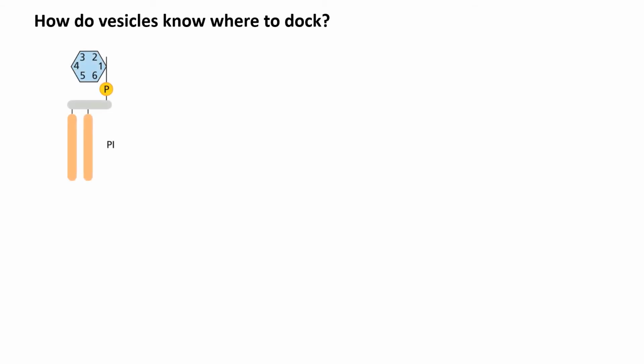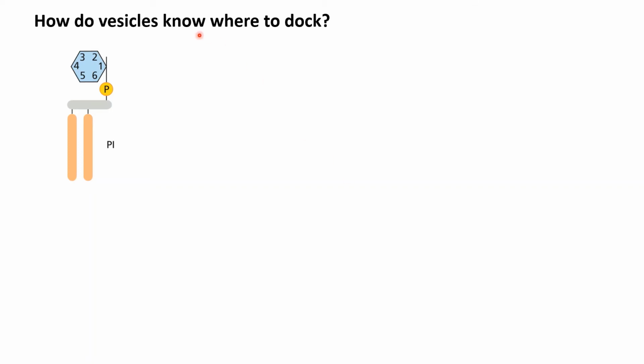So the question now is, how do vesicles know where to dock? So we already explored on how they move, okay, using the cytoskeletal system of the cell and with the motor proteins. We already saw how they are docked onto certain target membranes, okay?